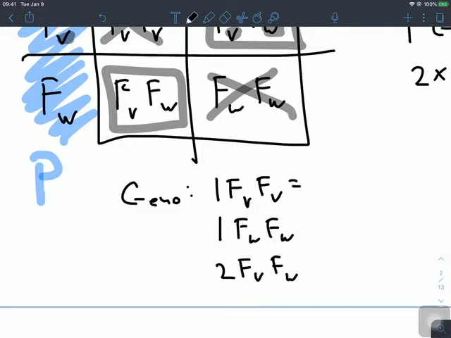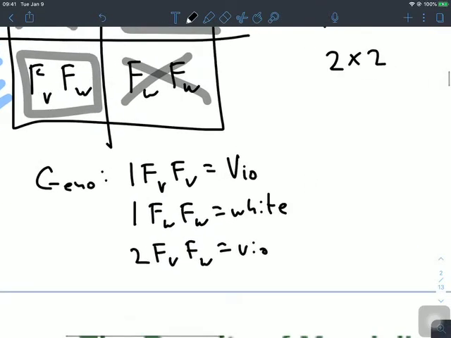This individual ends up looking violet, this individual ends up looking white, and these individuals end up looking violet. This means that you get a ratio of 3 violets to 1 white when you perform these crosses.